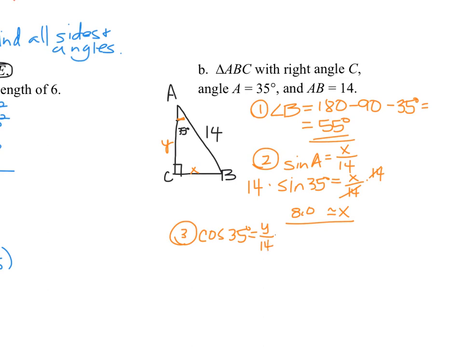To get Y by itself, multiply by 14 on both sides. 14 times cosine 35 would be approximately 11.5. And that would be the third value we need to find. So we've got angle B, which is 55 degrees, side length BC, and side length AC.